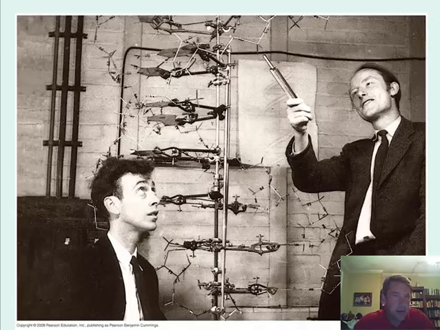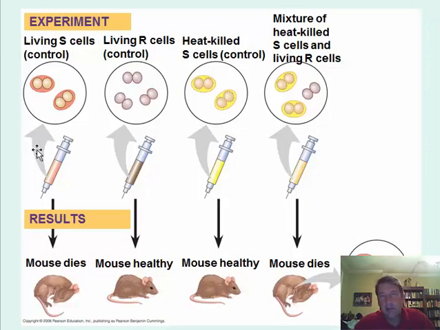Here is the Griffith and Avery study right here. So this shows kind of what they did. These are the bacterial cells that they would inject. These are some lethal bacteria that would be injected into the mouse.